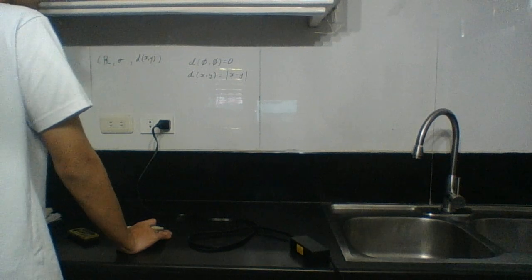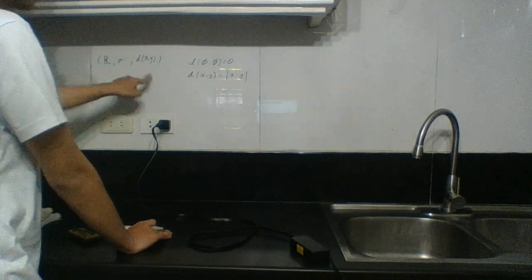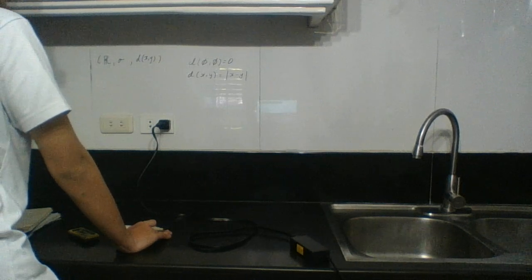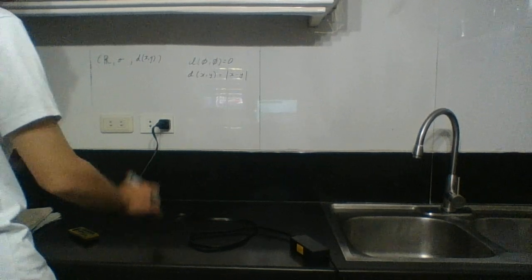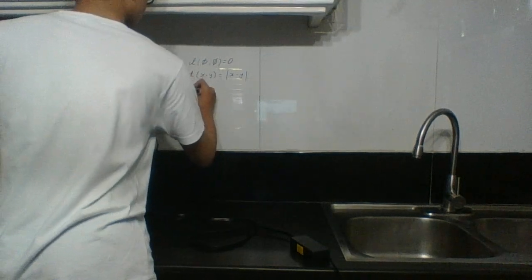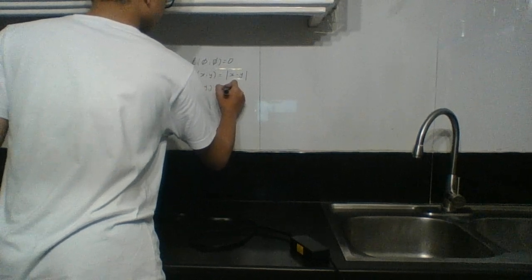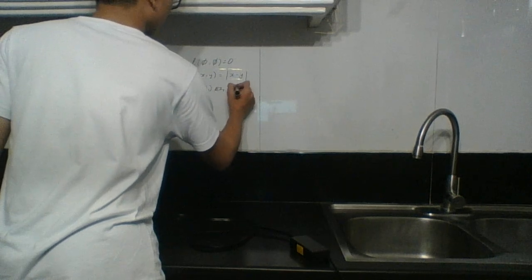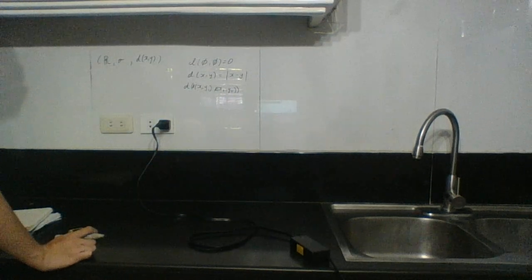Next, the third condition is a bit tricky to prove. What if I have multiple points? What I have to do is just nest the function into itself. So I have 2 sets of points now, 4 points: x1, y1, x2, and y2.